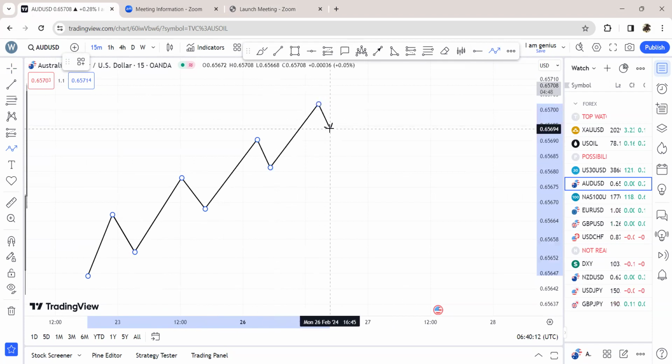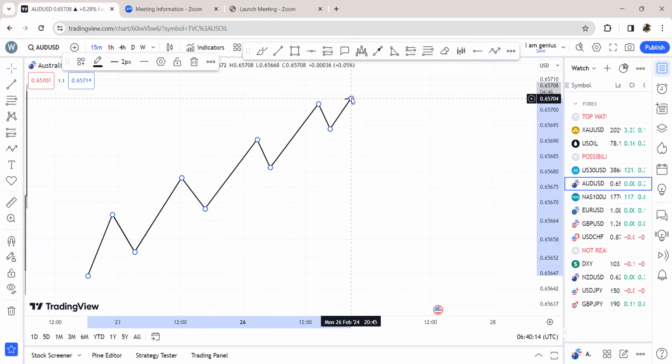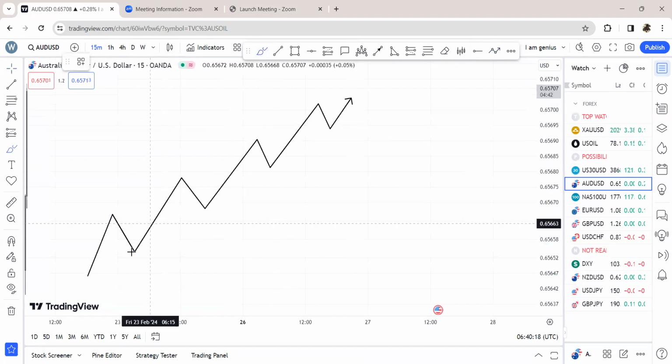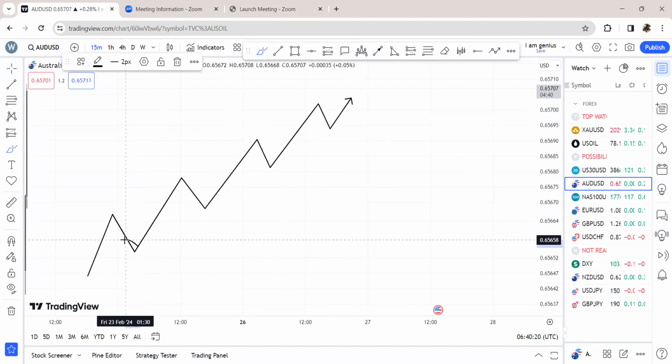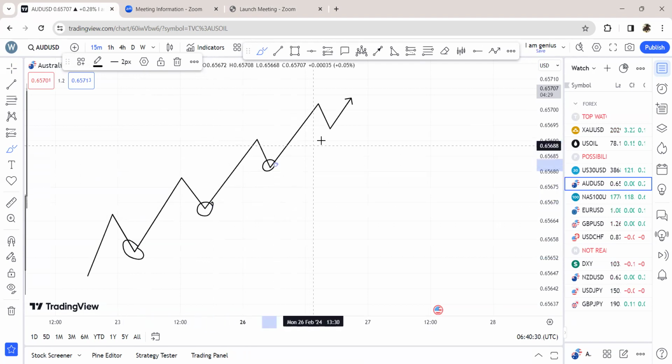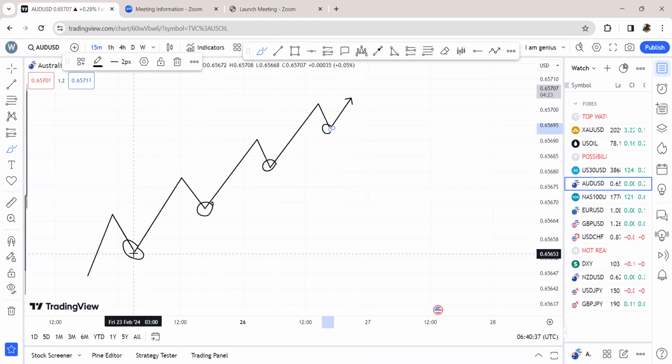Your job when you're using the fib is simply to identify where these retracements or turning points are likely to occur. Now, quick recap, we said that this usually happens on the 50 to 61.8 fib levels. That's where this occurs.